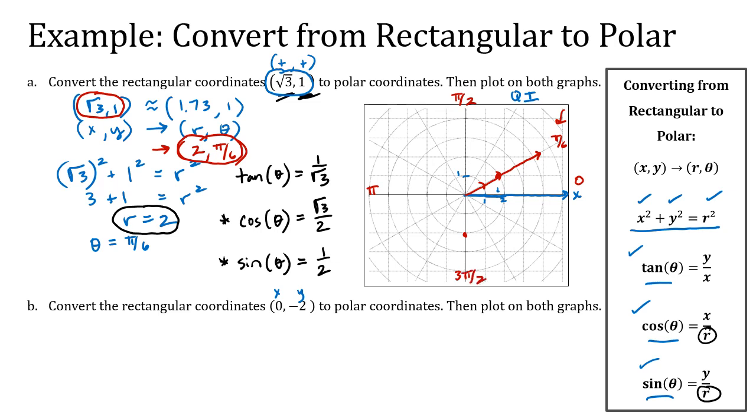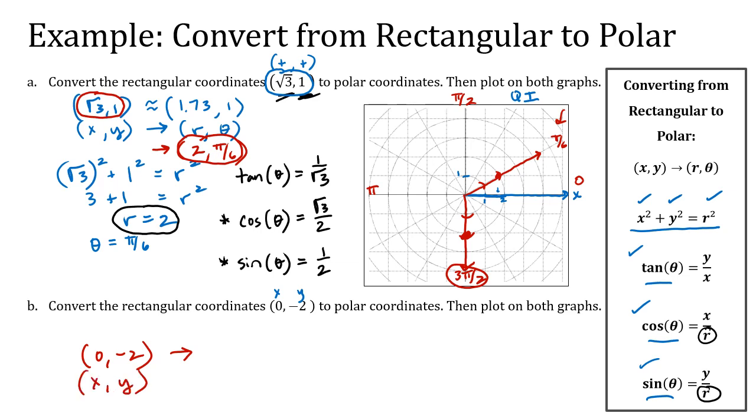So maybe you would agree that 0 comma negative 2 is at an angle measure of 3 pi over 2. And in order for it to stay at 3 pi over 2, we would have a radius of 1 and 2.